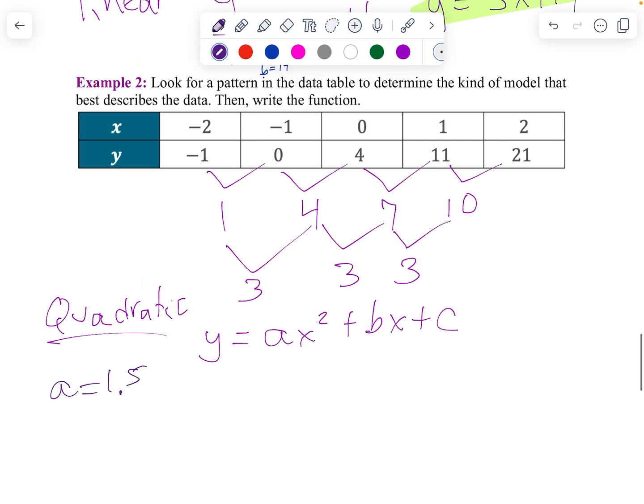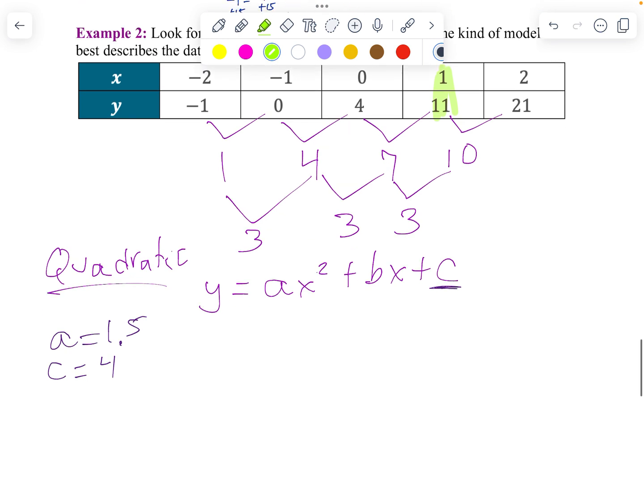Let's look for my y-intercept, because I know my y-intercept is c. My y-intercept occurs when x is 0. Where does it cross the y-axis? It crosses at 4. Then I'm going to pick one of my other points. I like 1 and 11, but any of these would work.